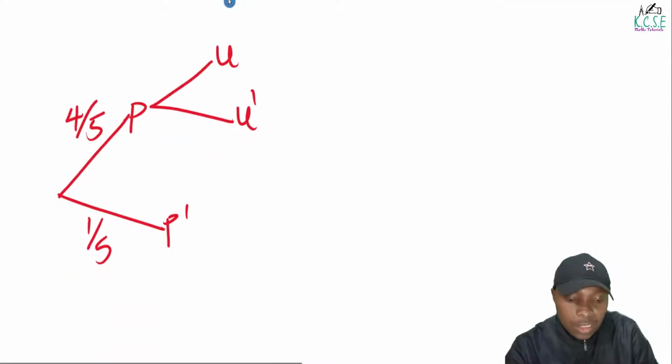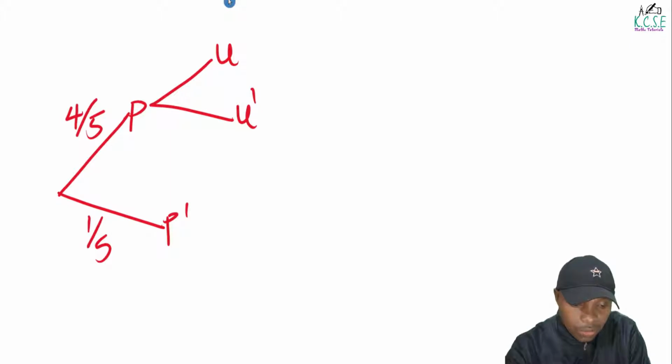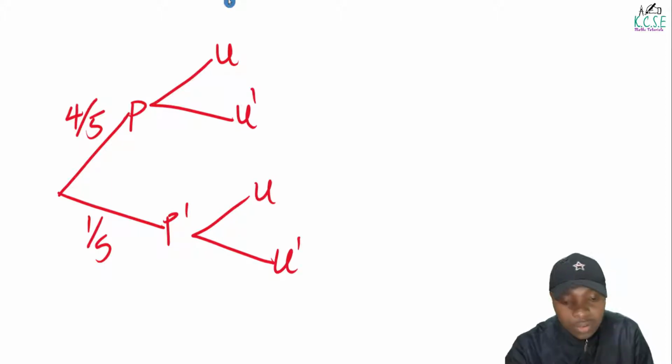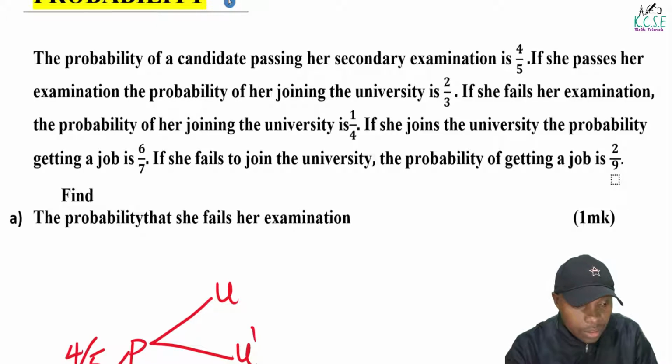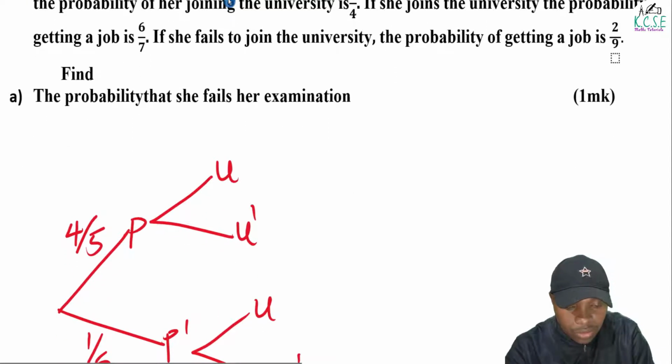Then on the other branch of failing the exam, we also have joining the university, not joining the university. So for passing, joining the university is 2/3. Therefore, not joining the university is 1/3.